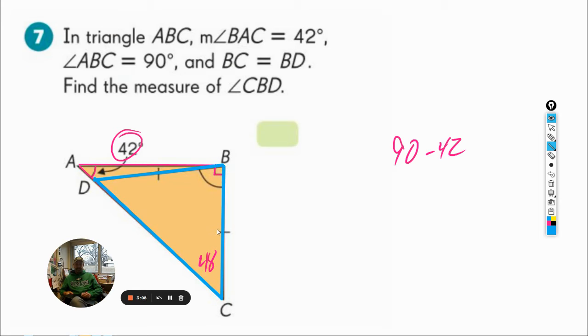And what you see here is that that line segment and that line segment are equal, which means that angle and that angle are equal. And that's going to be what? 48. And then I'm going to do 180 minus 48 and 48, and 48 and 48 is 96, and I should get 84.